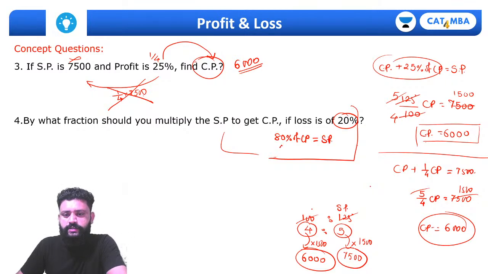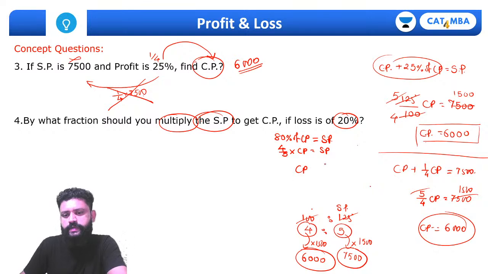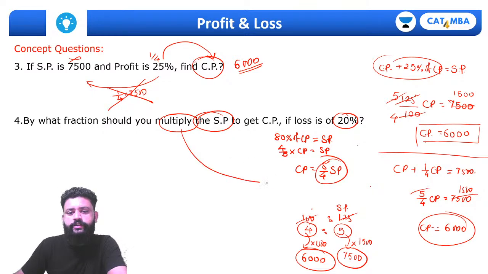So 80% is 4/5. We are supposed to multiply the selling price, so cost price must be 5/4 of SP. So by what value should you multiply the selling price? Answer is 5/4.